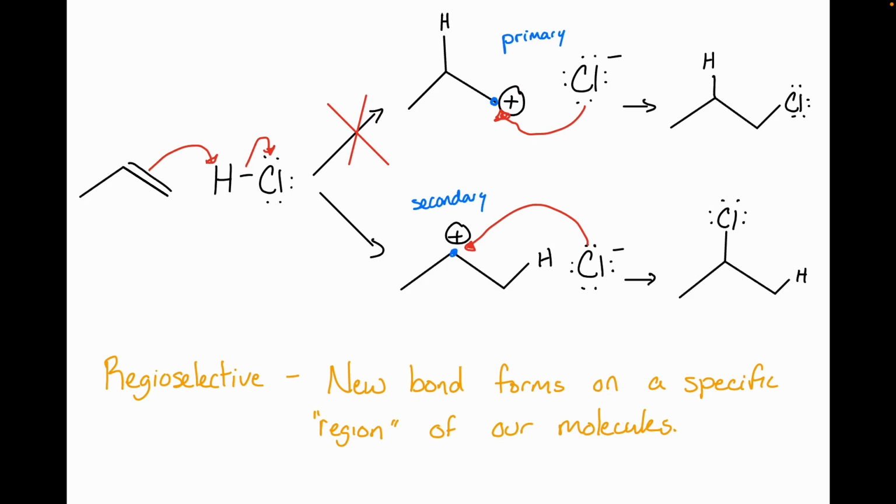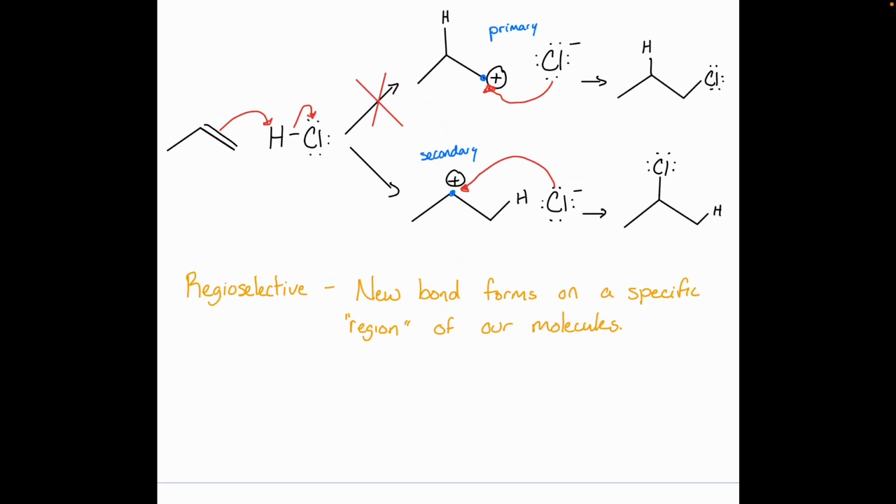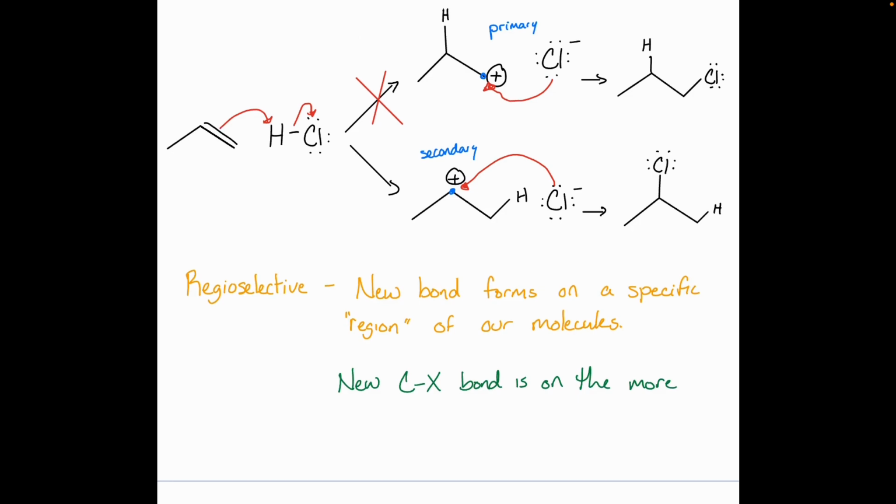We don't get every possible product that we can draw here, right? We specifically get that halogen on that more substituted carbon. Okay, so this is a regioselective reaction, and in particular, our new carbon-halogen bond is on the more substituted carbon.